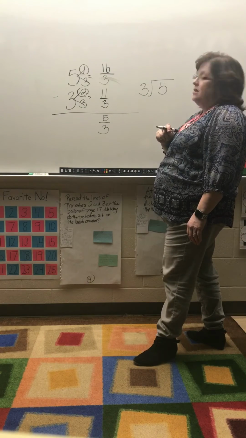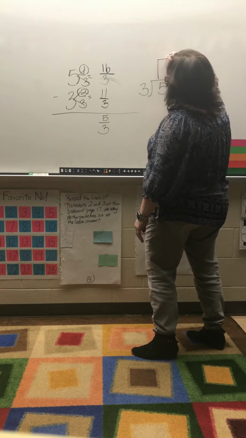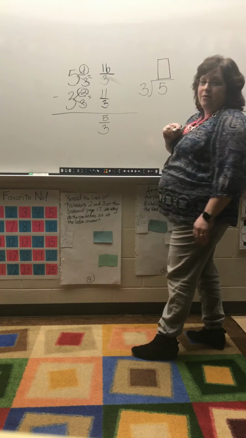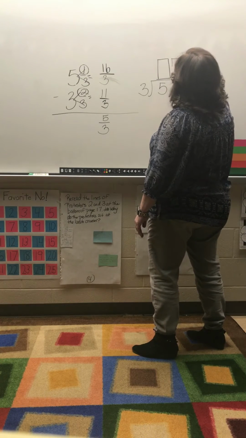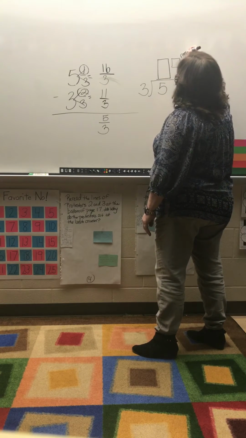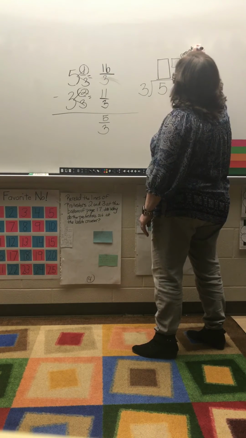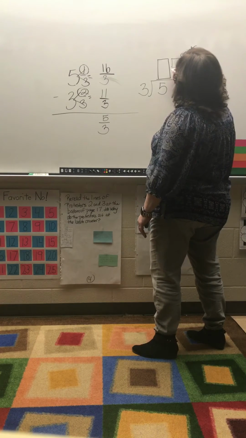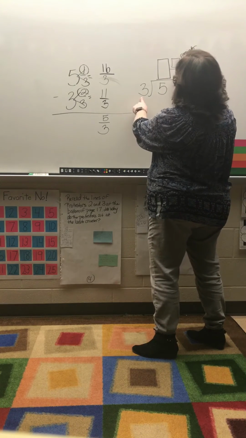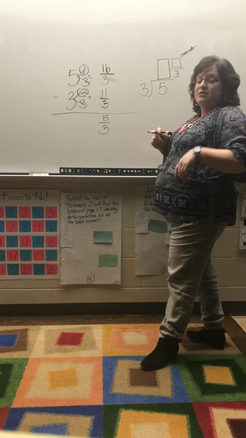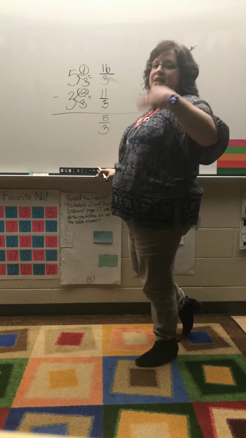I'll put my whole number here, my remainder will go here, because all I'm doing is long division. And then down here, I'll put my denominator of 3.